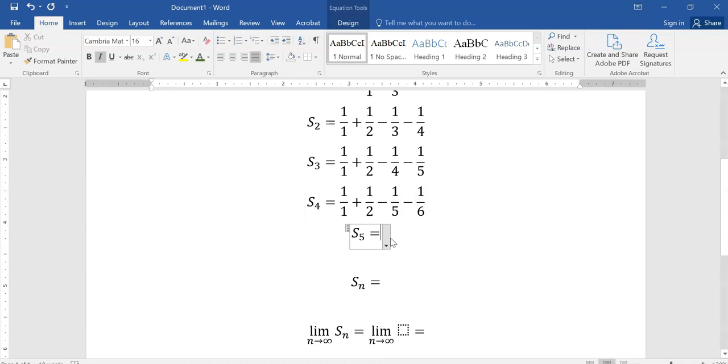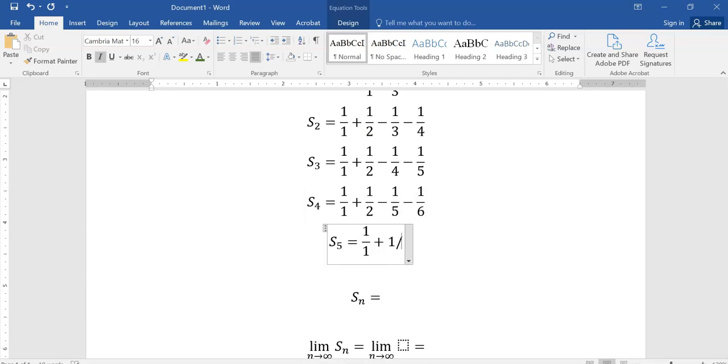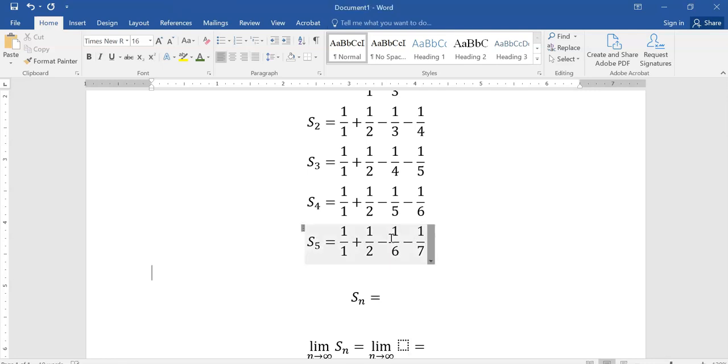So this 5th partial sum looks like that. And now we can see the pattern. The pattern of this telescoping series is we always start with 1 over 1 plus 1/2.